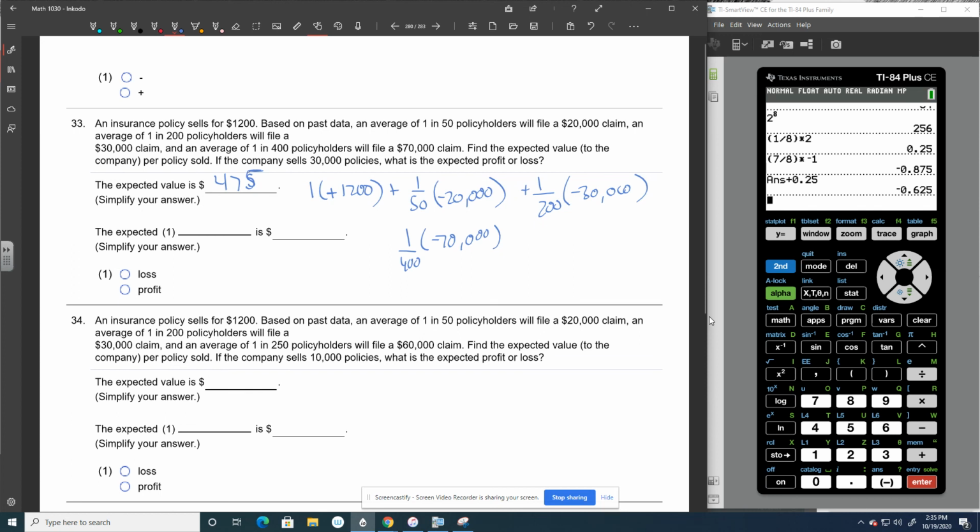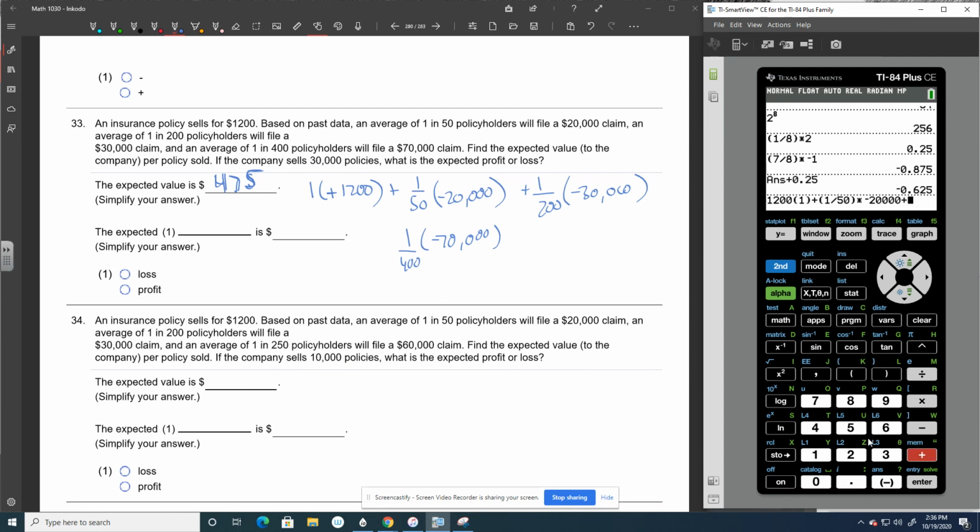I'm not going to make you sit through that whole thing. So I would take that $1,200 that I'm guaranteed, right? That $1,200 is guaranteed. And then I would add the 1 out of 50 times negative 20,000.